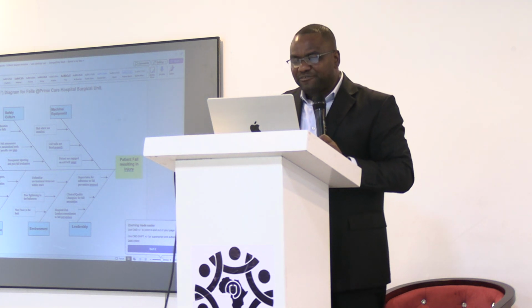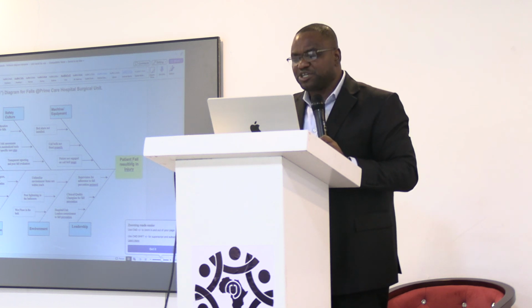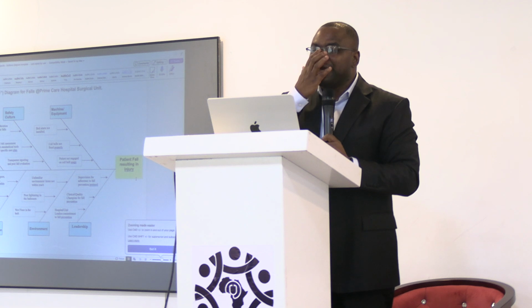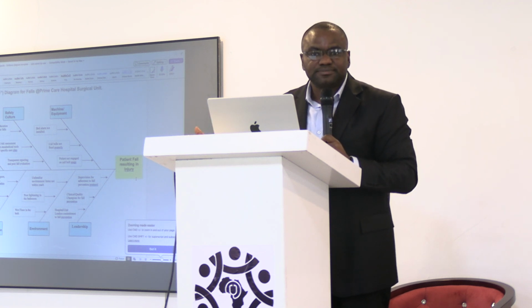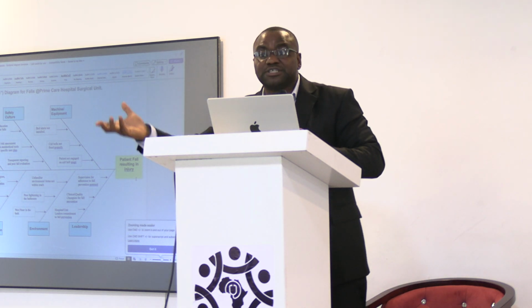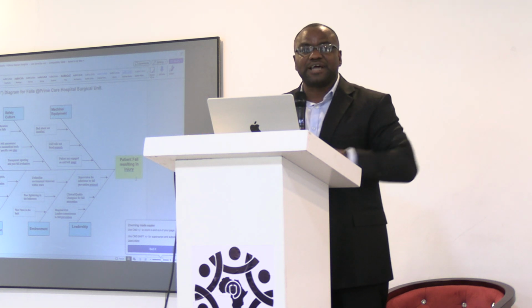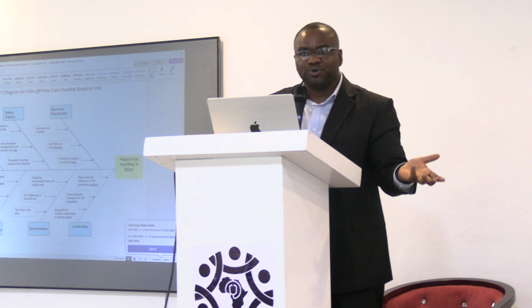So the problem we're having is at the head, this point, which is the what? Patient fall, resulting in injury. What we notice is that before we get back, a patient had rolled down the bed and had fallen. Or when they are trying to get a patient to go and do laboratory or radiologic investigation, the patient slips and falls. Now, a patient that came with something else now has head injury because of fall.